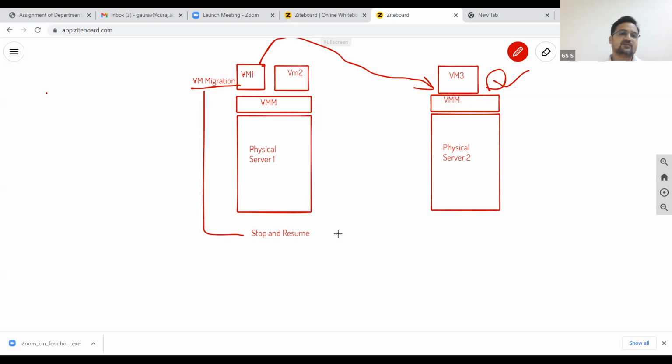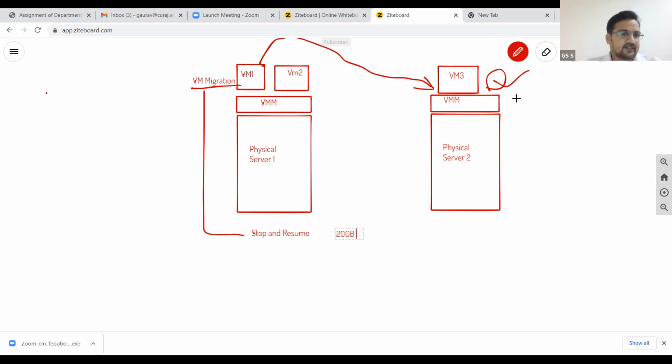This is a good mechanism, works well, but it will take some time. How much time? Suppose the disk size of VM1 is, let us say, 20 GB. It would require copying this 20 GB to a disk, a pen drive, or a shared folder over the network, and then pasting it over here and then restarting. It may require around 10 minutes to do the whole job because it is a manual activity, right?